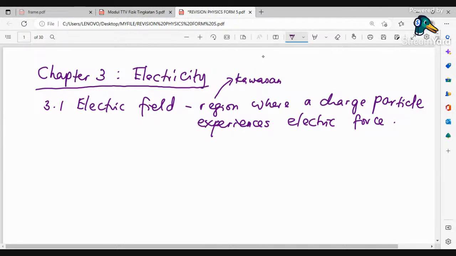You already discussed this when you draw for, let's say, a unit positive charge.